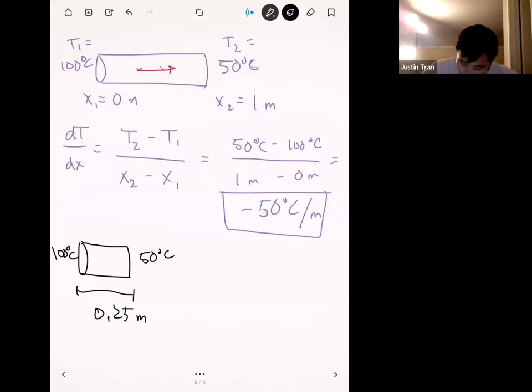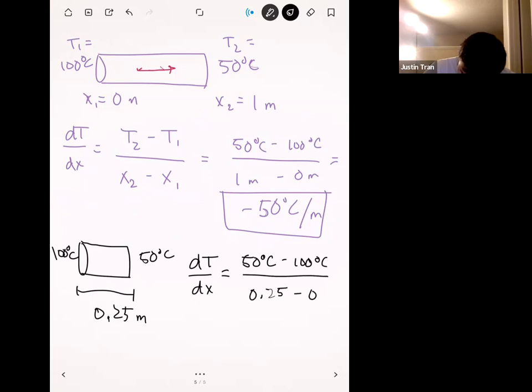Let's compute the temperature gradient in the same way. If we compute dT/dx here, we have 50 degrees C minus 100 degrees C, all divided by 0.25 minus 0, and these are meters. We compute that, and we get a temperature gradient of negative 200 degrees C per meter.